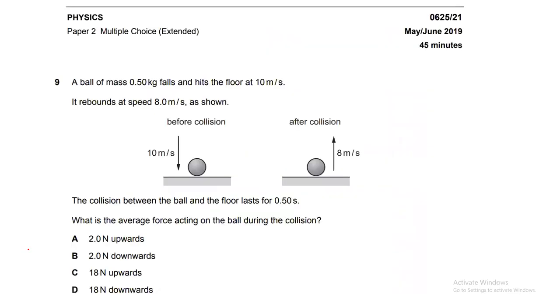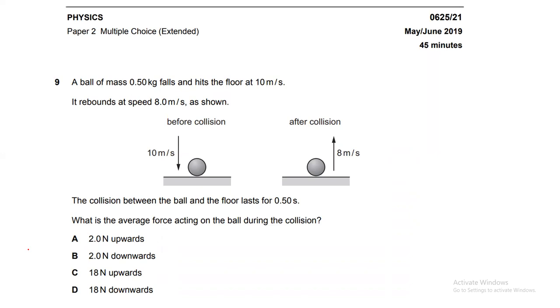Okay. We have May, June 2019 2-1 paper. Question number 9. A ball of mass 0.50 kg falls and hits the floor at 10 meter per second. It rebounds at a speed of 8 meter per second as shown.